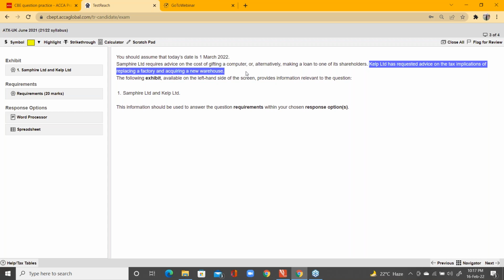It's about the second company. As you can see in the general information, it is written that K Limited is disposing a factory. A factory is normally a business asset, and it is acquiring a warehouse. A warehouse could also be a business asset.